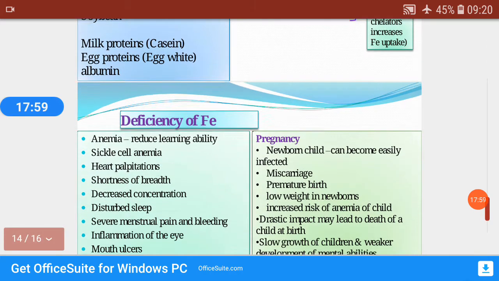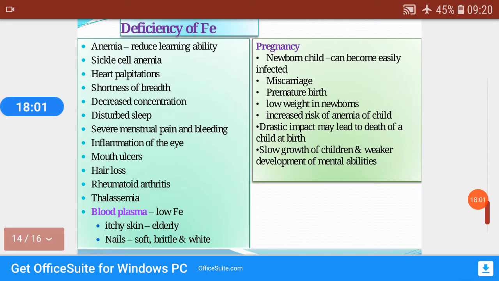So next is, what happens if there is a deficiency of iron in the living system? The major disorder is anemia, which also results in sickle cell anemia, thereby reducing the learning ability of a person.